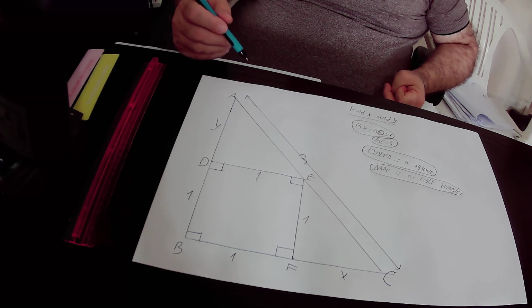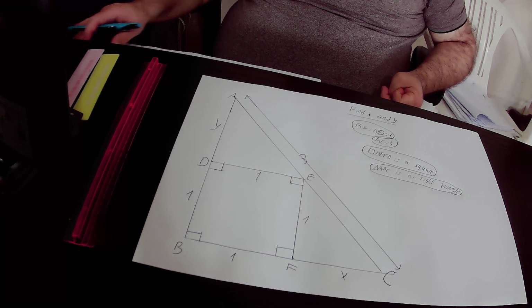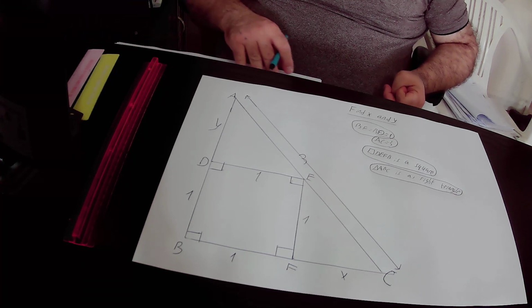so first of all, we know that the opposite sides of a square are parallel to each other.